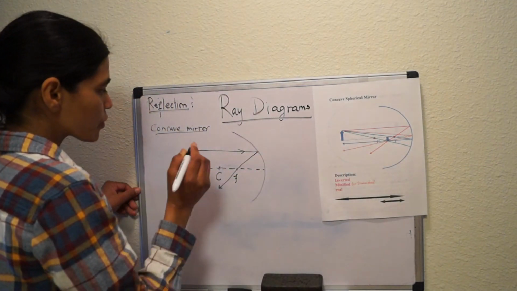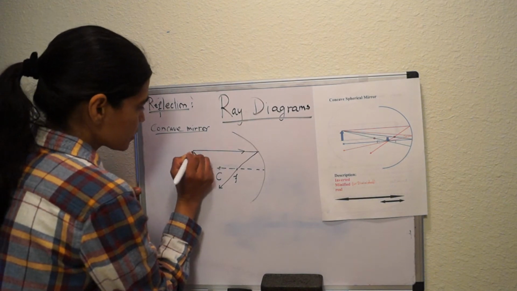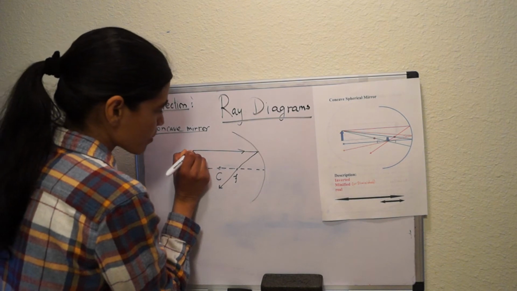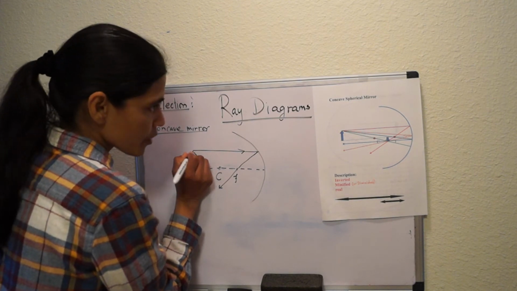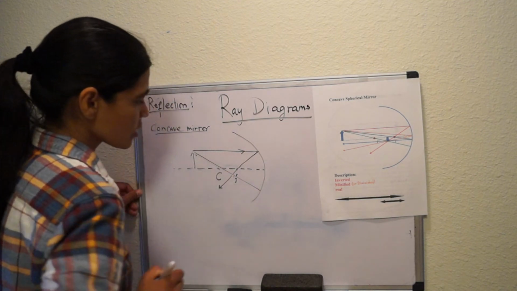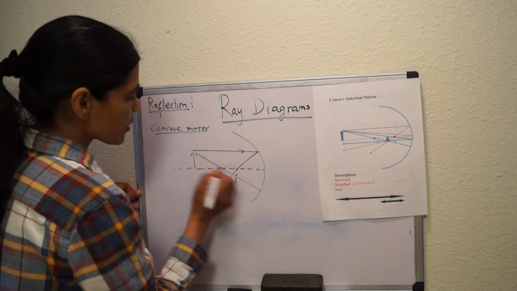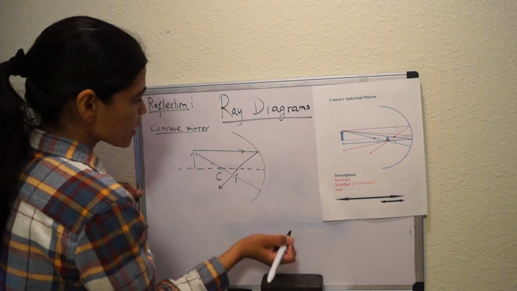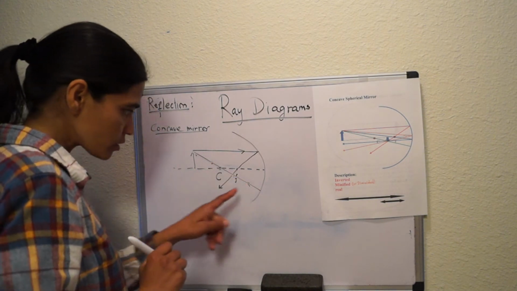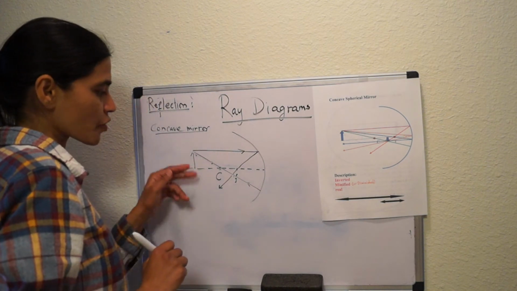So the radial ray goes through, it's kind of like a radius. Easy to remember. So let us say we have it like this. That is our radial ray. Since this goes this way, it also reflects back through the same path, because it's a radial ray.